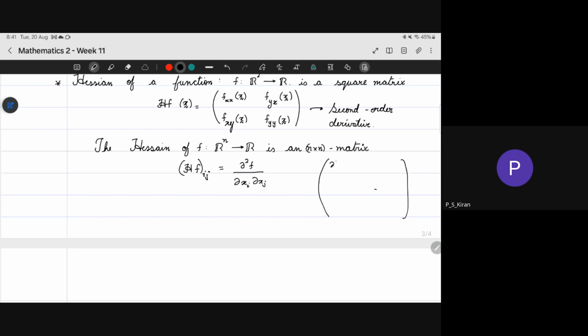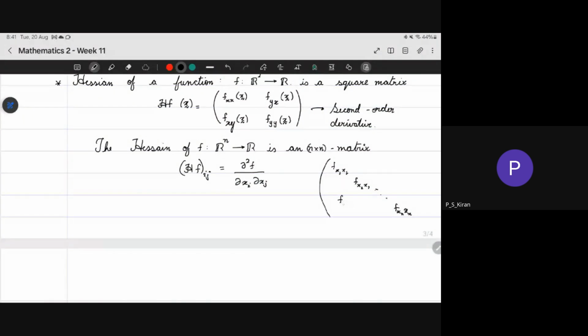You'll have f x1x1, f x2x2, and so on, f xnxn. These are the diagonal entries, and the general off diagonal entry will be fxj xi.